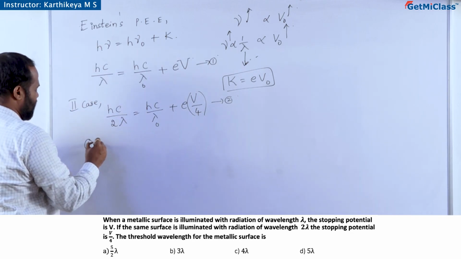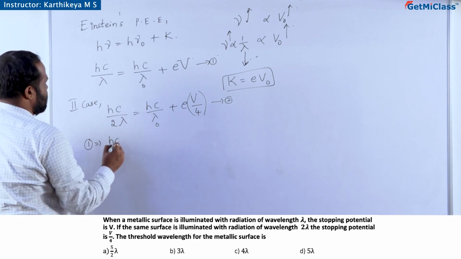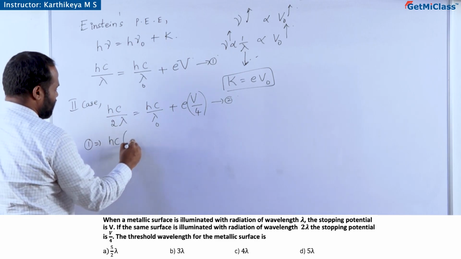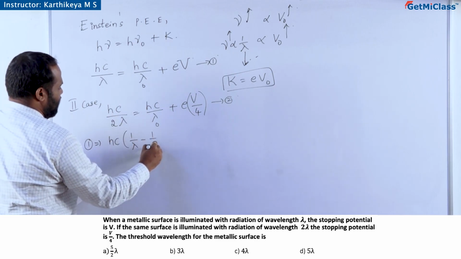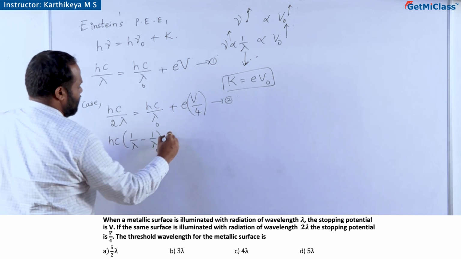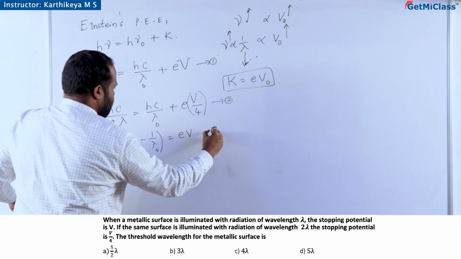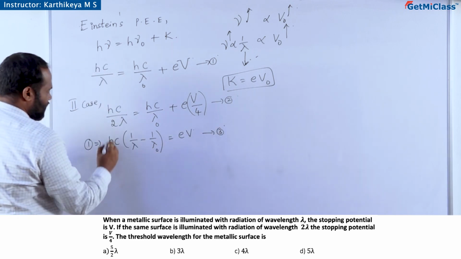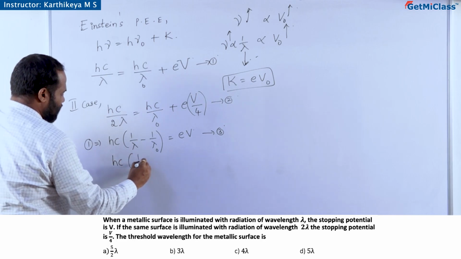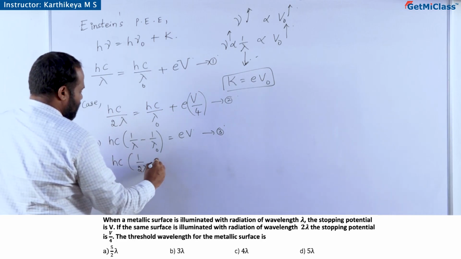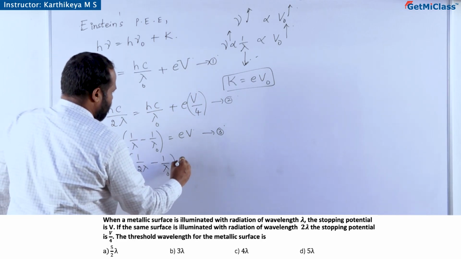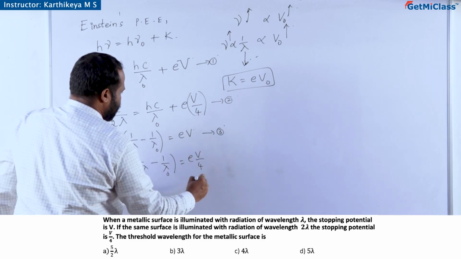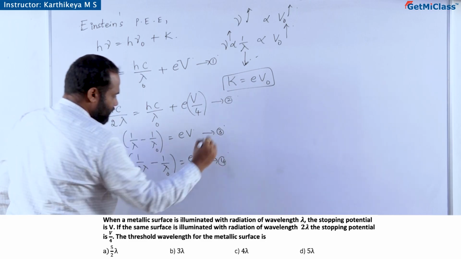Now, equation 1 implies hc is common, 1 by lambda minus 1 by lambda naught equals eV, equation 3. Similarly here, hc times 1 by 2 lambda minus 1 by lambda naught is eV by 4, equation 4.